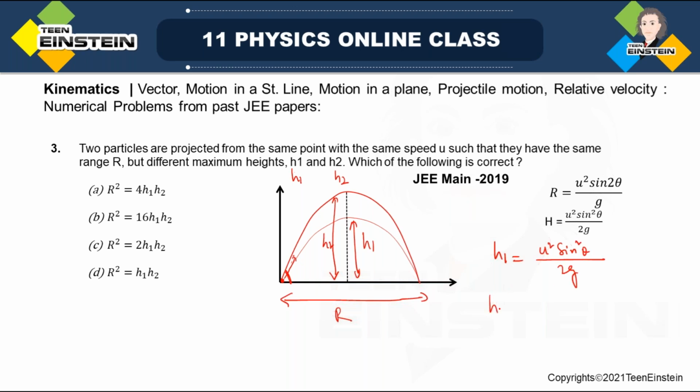So what about H2? H2 will be u square sine square of 90 minus theta, at this angle it is thrown, divided by 2g. So this actually gives you u square cos square theta divided by 2g.